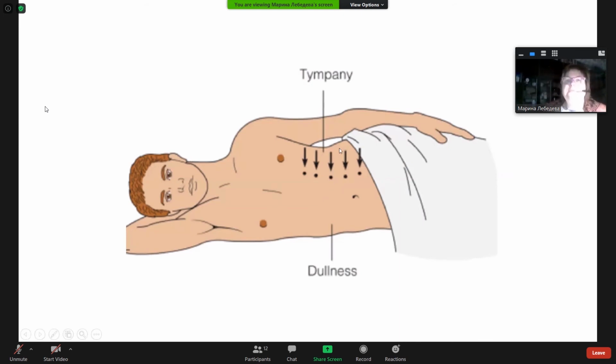According to the physics law, water goes down and the dullness may be percussed here, and tympany sound due to some air in cavities, in abdominal cavity and in bowels, will give tympany sound, except the zone of spleen.